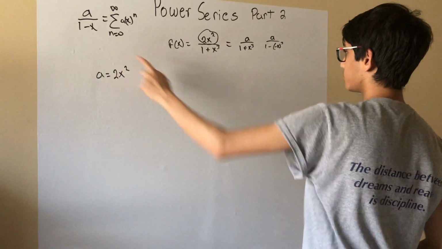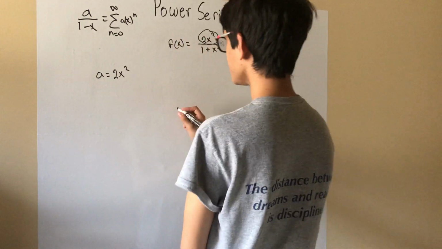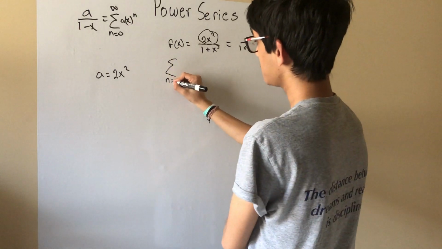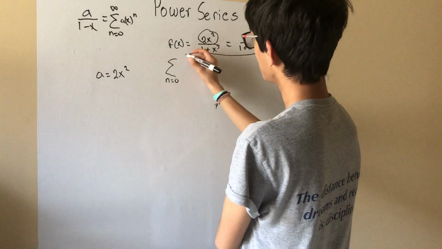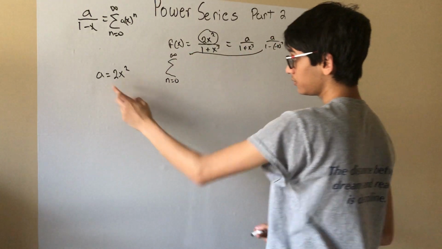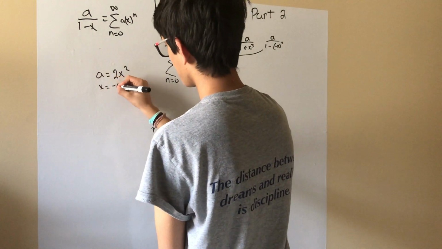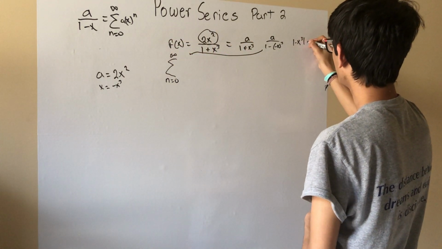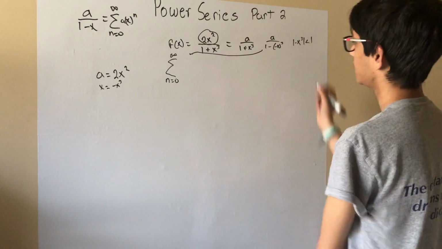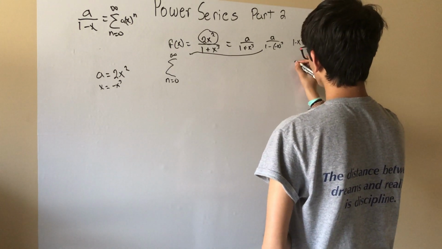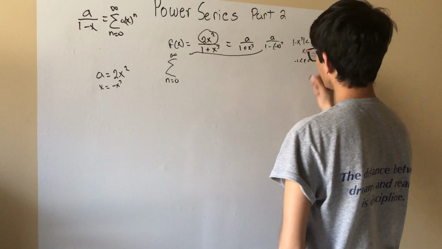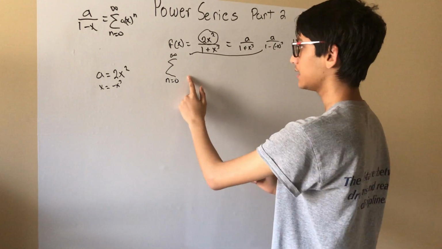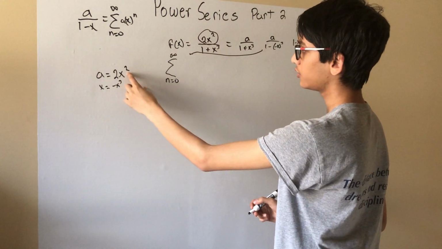So now your power series is going to be the sum from n equals 0 to infinity of your a value, and then it's the same thing, right? So the absolute value of negative x cubed is less than 1, so negative 1 is less than x, which is less than 1. And then you can look at this, you can see that your x value is here and your a value is here, right?